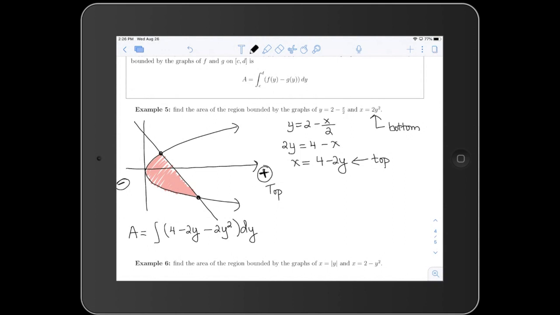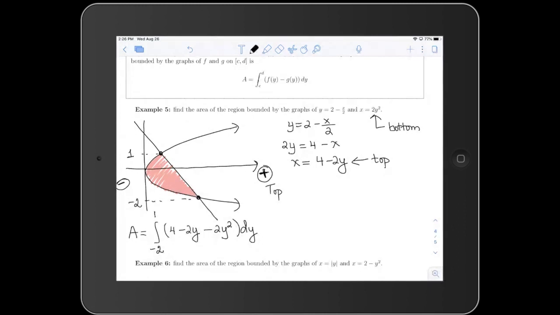Once you find your points, this one will be 1, and this one will be negative 2. Now notice we look at the range on the y-axis. That's our variable that changes, our independent variable. So our limits of integration are from -2 to 1.